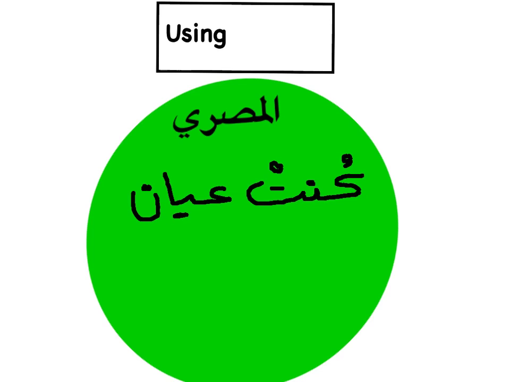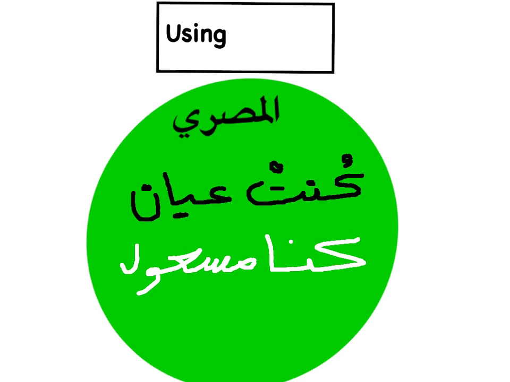Another example is we can say كنا مشغولين, and in here we conjugated كان with نحن and we get كنا مشغولين, we were busy.